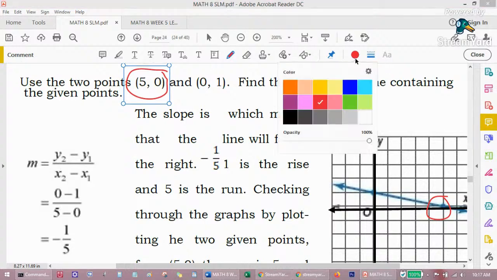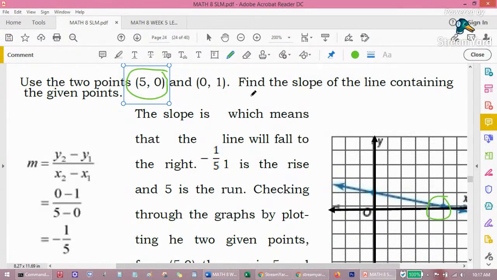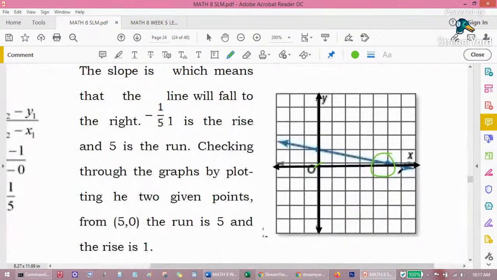Nasaan naman ang 0 and 1? Ito, x is 0, and y is 1.